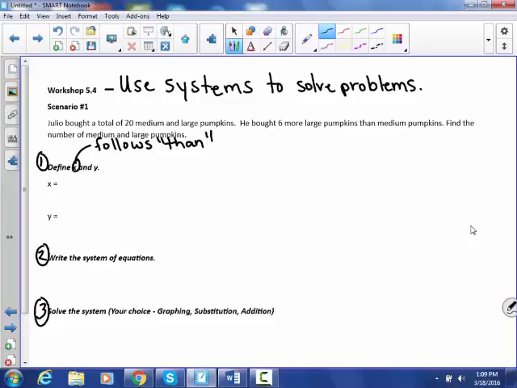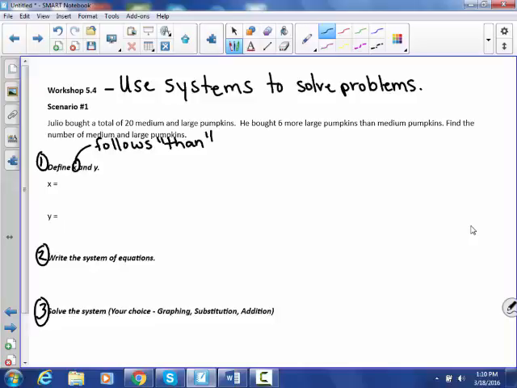So let's read this scenario and let's figure out what 2 things we have in the problem, what 2 things are we trying to figure out, and then figure out which one's X and which one's Y. So we got Julio bought a total of 20 medium and large pumpkins. He bought 6 more large than medium. Find the number of medium and large pumpkins. So what are the 2 things that we're trying to find? The large pumpkins and medium pumpkins.